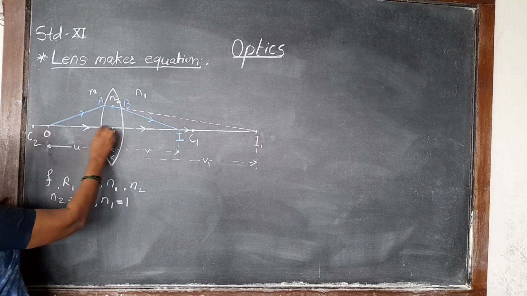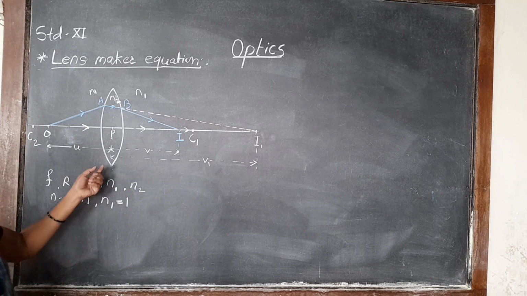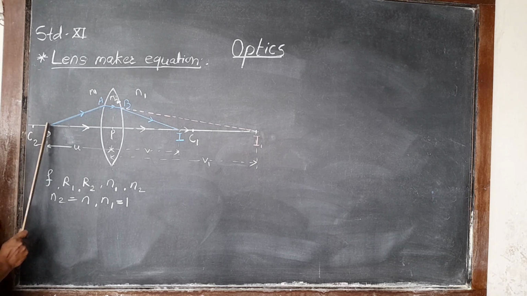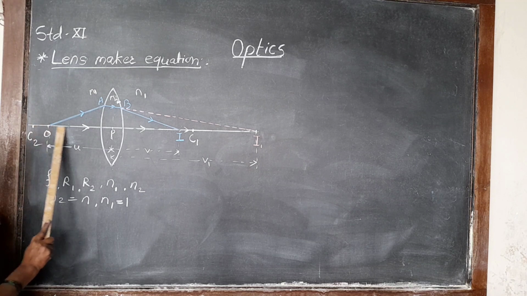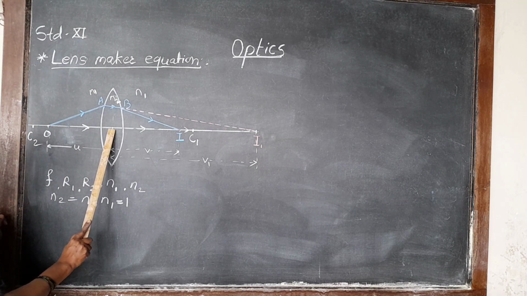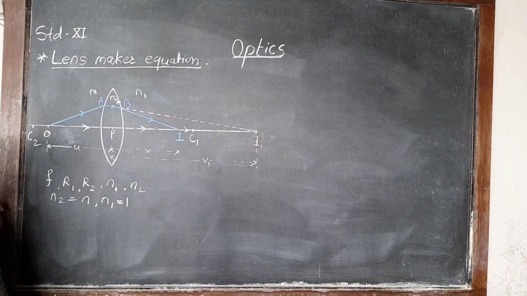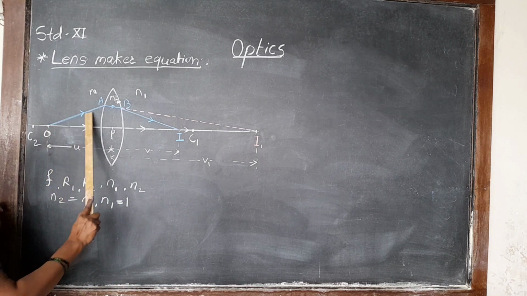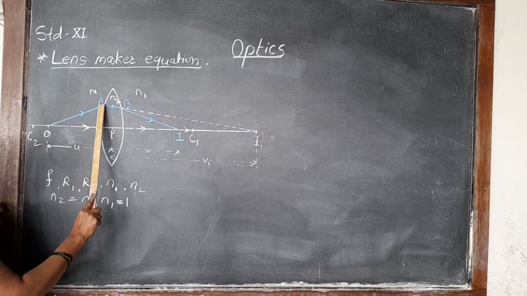Now this is the principal axis which passes through the optical center of the lens. Now suppose O is the point where the object is kept. If the ray OP is incident along the axis, this ray will pass in a straight line without any deviation. Consider another ray which is incident obliquely on this lens at the point A, that is OA.